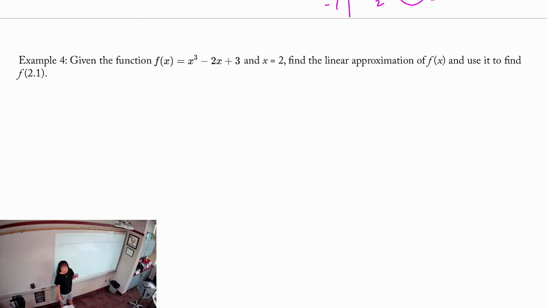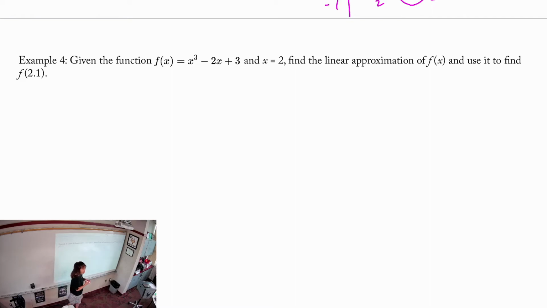Really what this is designed for are your trig situations when they're not special triangle reference angle values. So if I wanted f of 2.1 and I had tangent in here, nobody wants to do that without a calculator. So we use the equation of the tangent line to approximate the exact value.